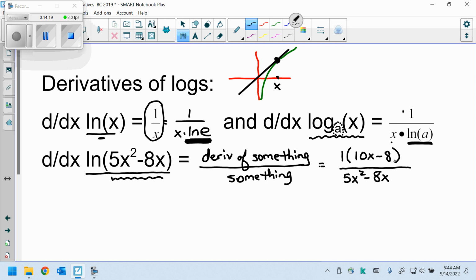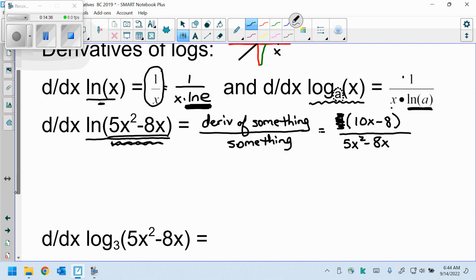So I'm just going to skip this 1 over thing, and I'm going to call this the derivative of what's inside divided by what's inside. Okay, so always remember to use the chain rule when you're finding the derivative of a log or a natural log.